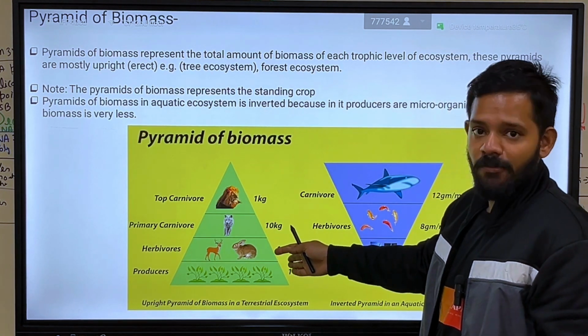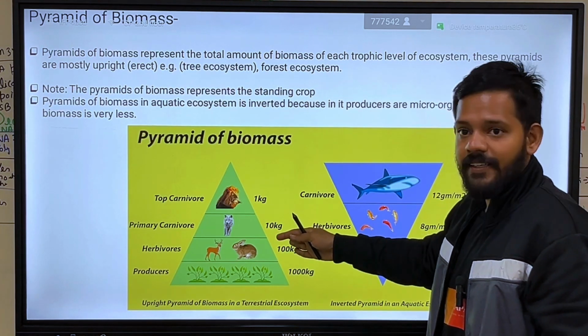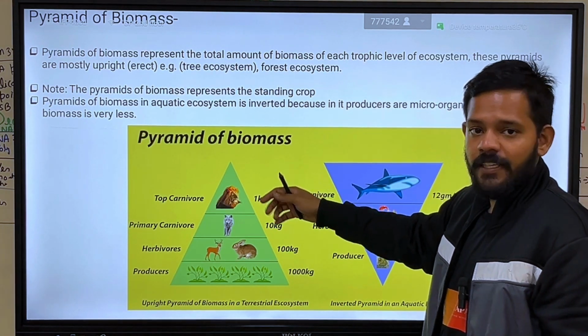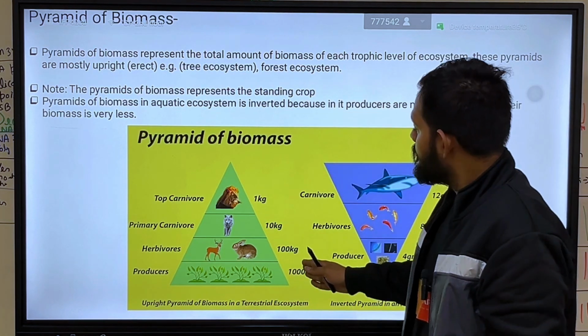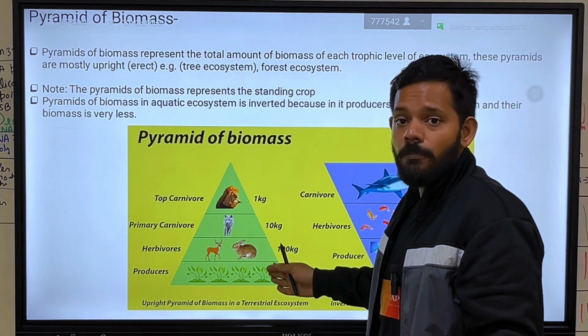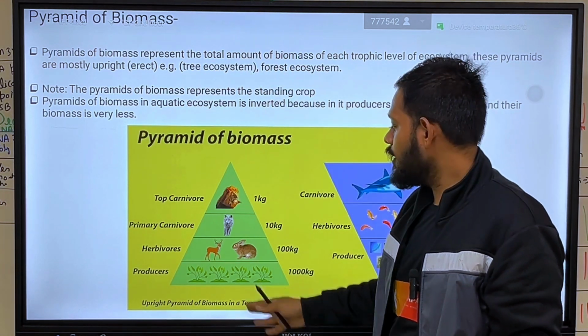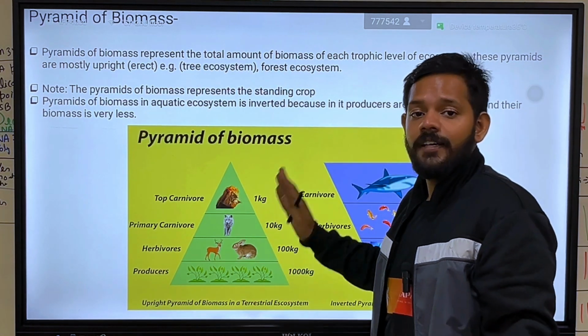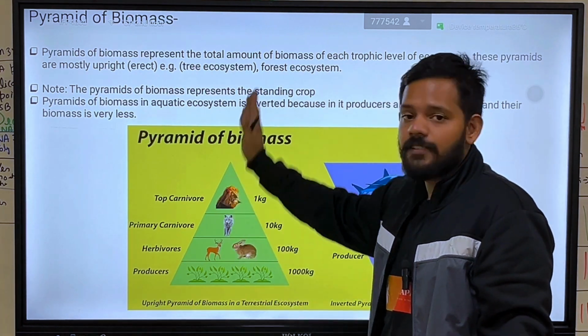Then your herbivores, that is 100 kg, then primary carnivores 10 kg, and top carnivores 1 kg. So this is your pyramid of biomass, in which the weight of the standing crop decreases as you go toward the top of the pyramid. So the pyramid of biomass in grassland, in a terrestrial ecosystem, is always upright.